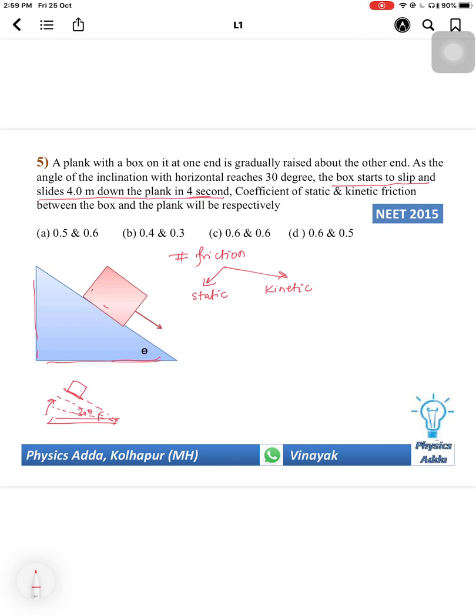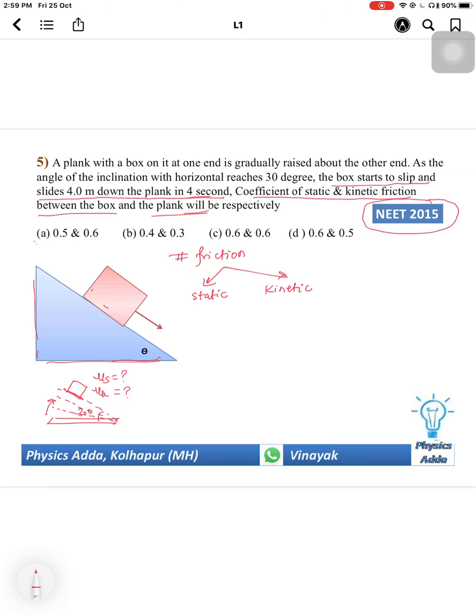Then the coefficients of static and kinetic friction between box and plank, I need to find the values of mu s and mu k, respectively. So here are the four options, and this question was asked in NEET 2015.